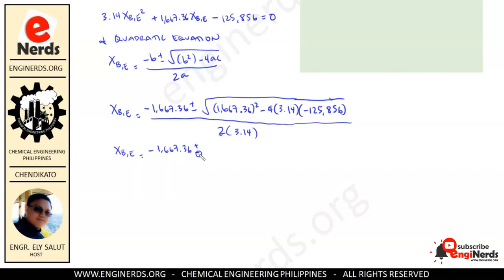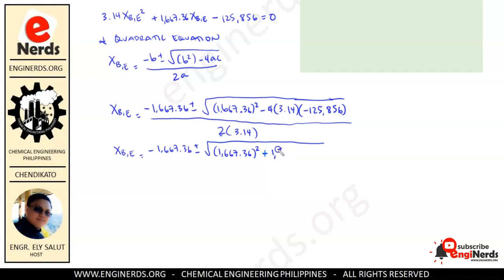1,667.36 plus minus, okay, the square root of 1,667.36 squared plus 4 times 3.14 times negative 125,856 is equal to 1,580,751.36.